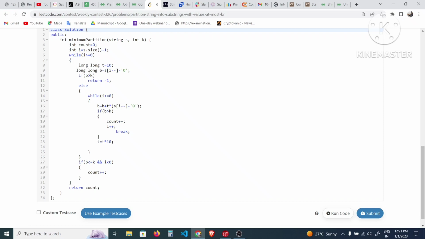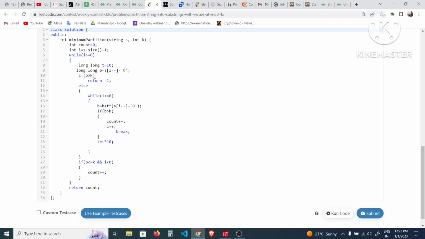Then I will check the character '0'. If you subtract character '0' from the characters, then you will get the integer value. This basically subtracts the ASCII value, and you get the original integral value of that element present in the string.